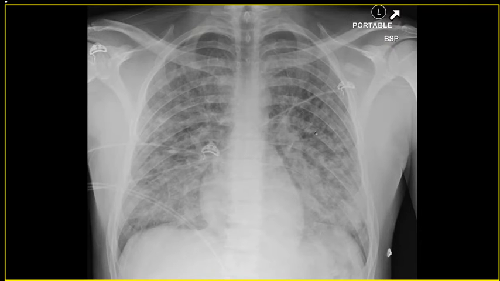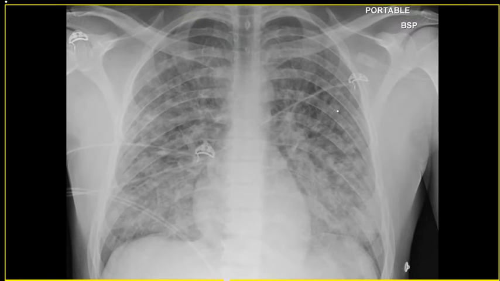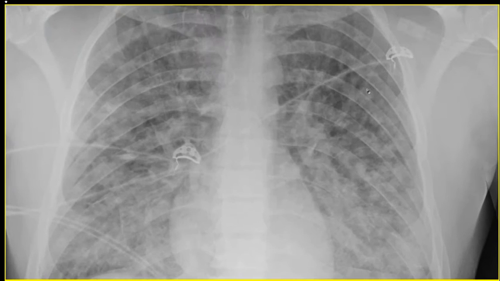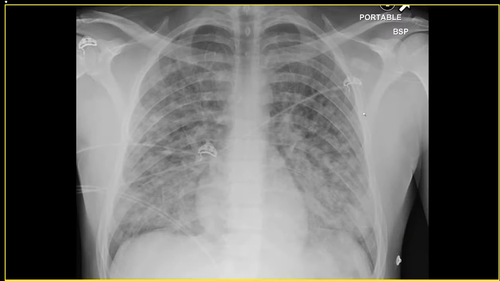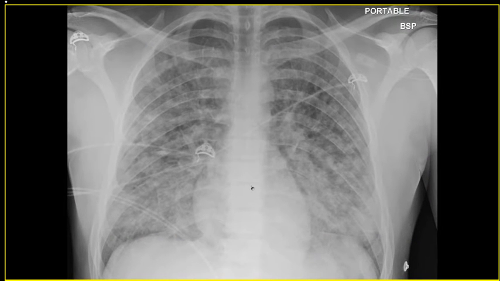In some locations it almost looks like some of these are rounded, as if we're seeing acini. And remember the term in the old days, acinar rosettes or acinar opacities, representing consolidation in portions of pulmonary lobules. But elsewhere, he certainly has consolidative opacities, mostly in the lower lung zones.